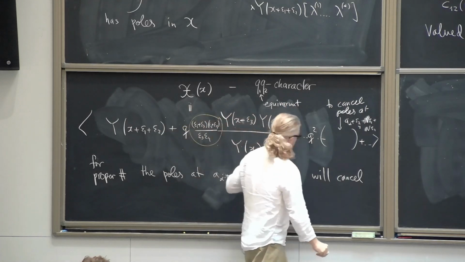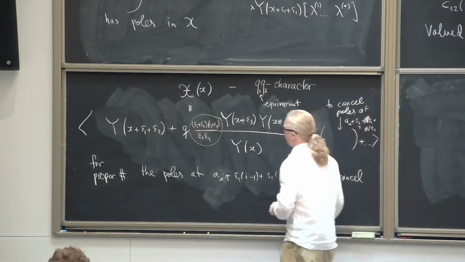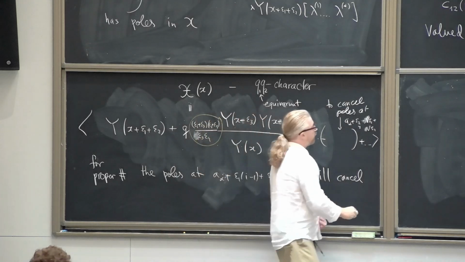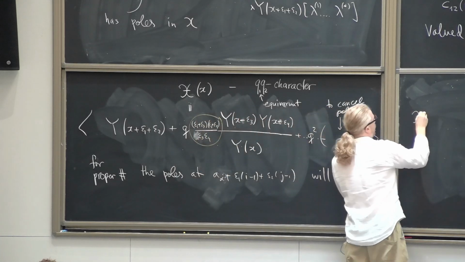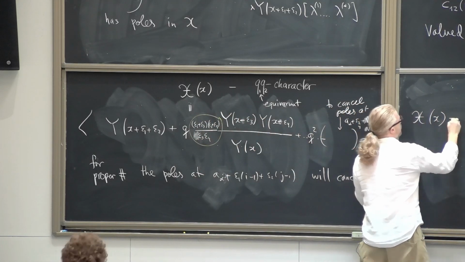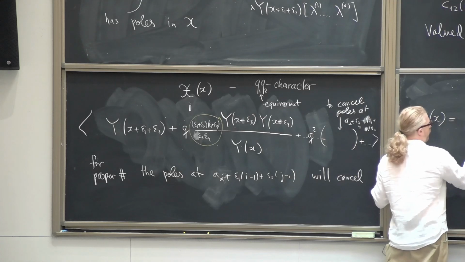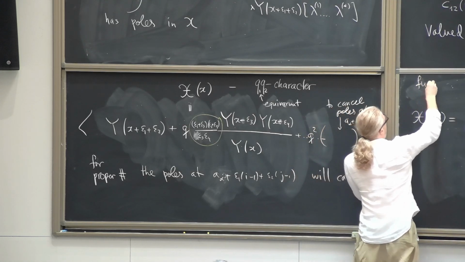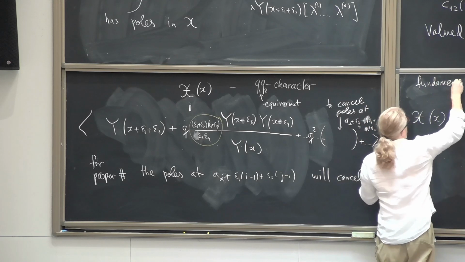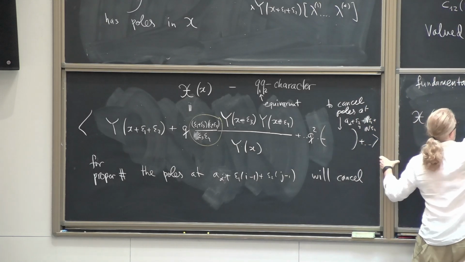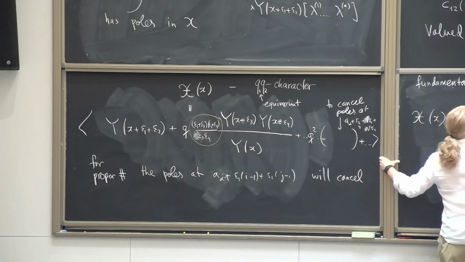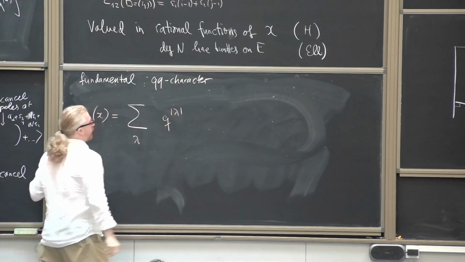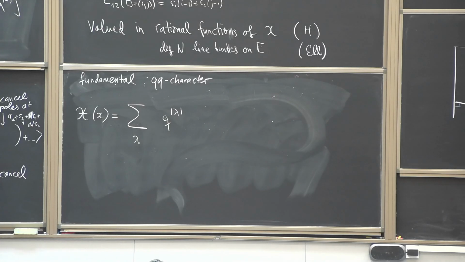All right, so let me write the formula again. Apologize. So the formula is the following. So chi of x is a sum over a single Young diagram. So this should be called the fundamental. So there is Q to the power the size of the Young diagram. So you should think of these terms.